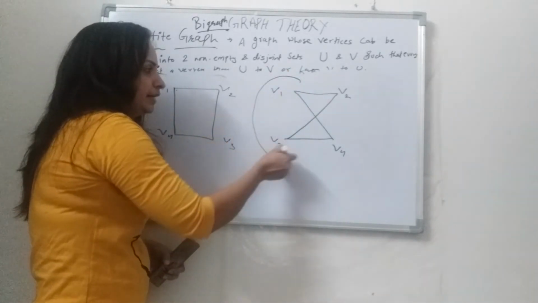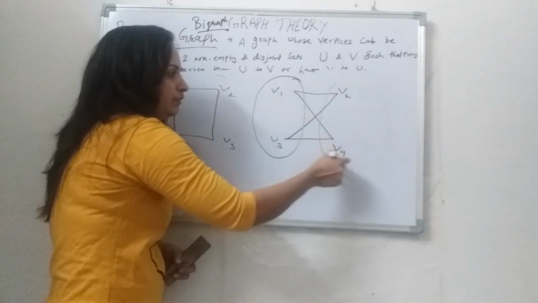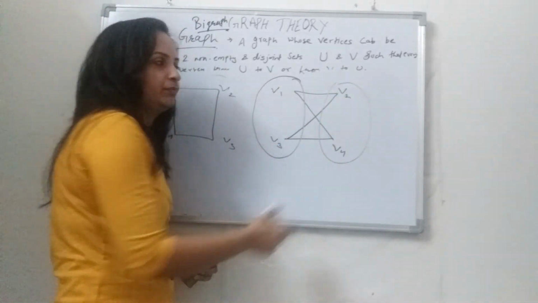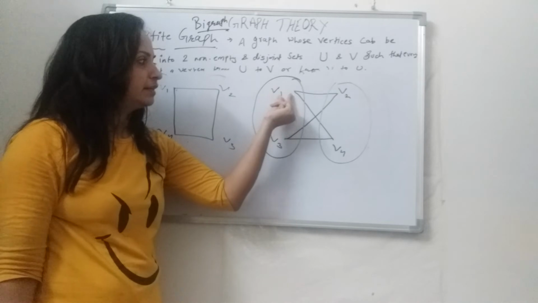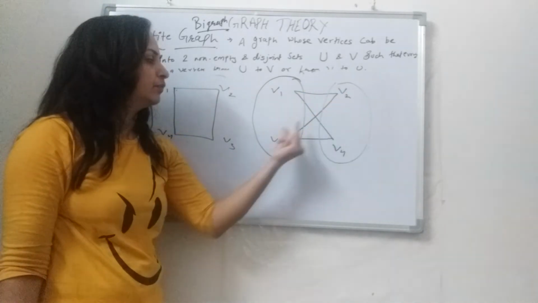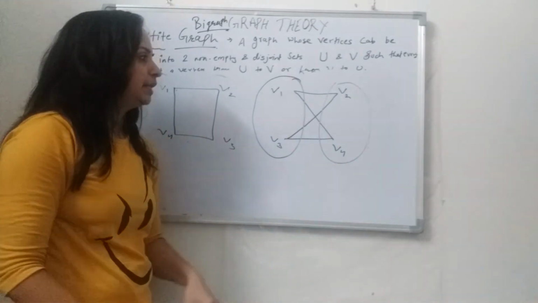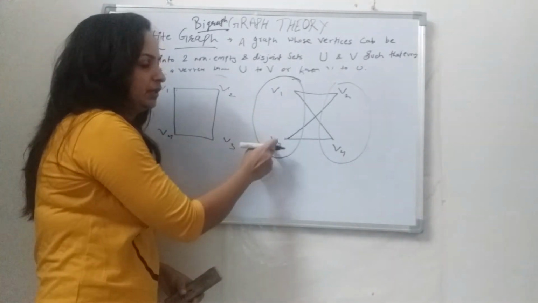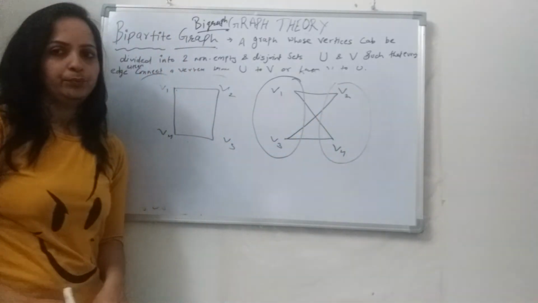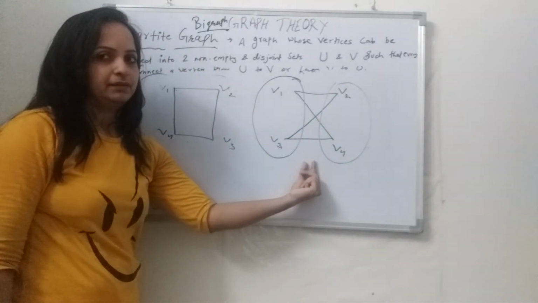What I can do is make a set of vertices V1 and V3 and another set of V2 and V4. Now you can see that there are edges connecting vertices from set U to set V, but there is no edge connecting V1 and V3 and no edge connecting V2 and V4. So this is a bipartite graph.